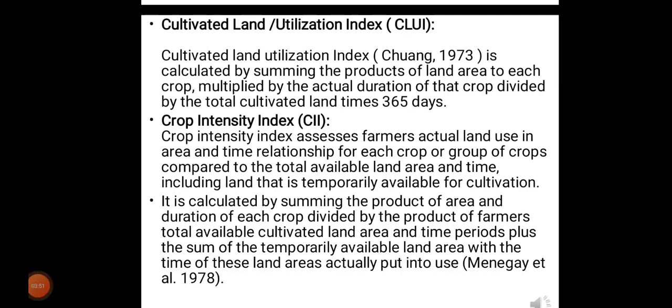It is calculated by summing the product of area and duration of each crop, divided by the product of farmers' total available cultivated land area and time period, plus the sum of the temporarily available land area with the time of this land area actually put into use. Manageri et al., 1978.